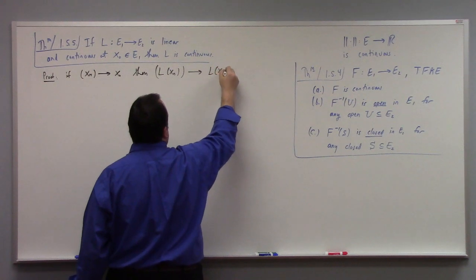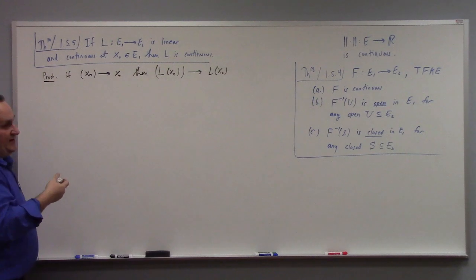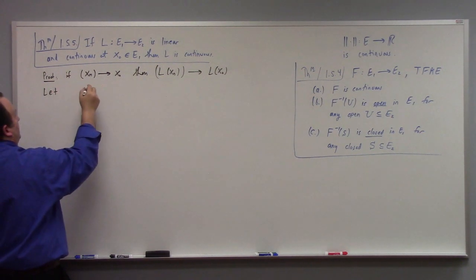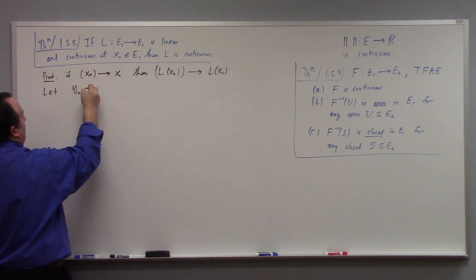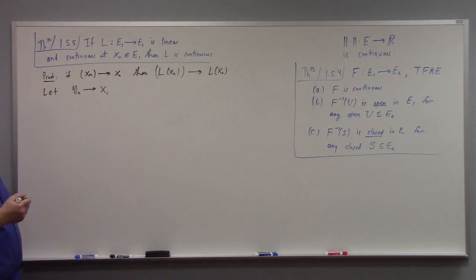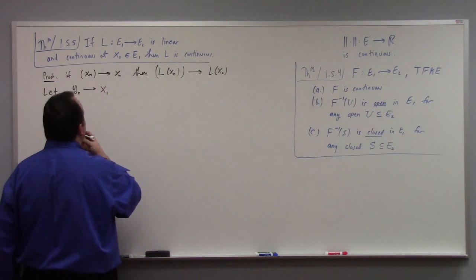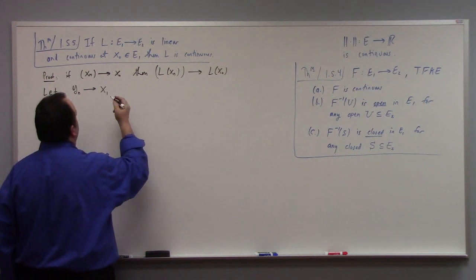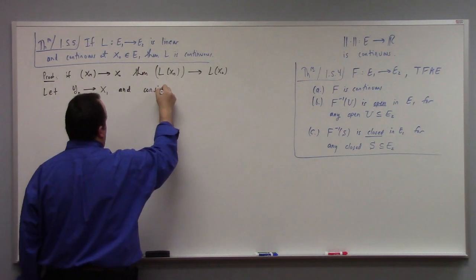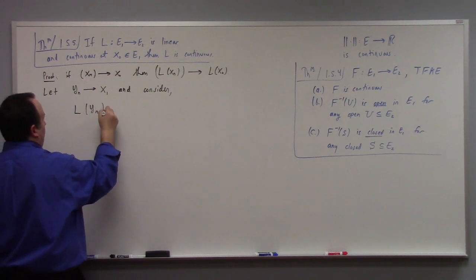L of x0, right? That we're given. We want to prove it's continuous at some other point, right? So let's say yn goes to x1, right? Now x1, and consider, what is L of yn equal to?